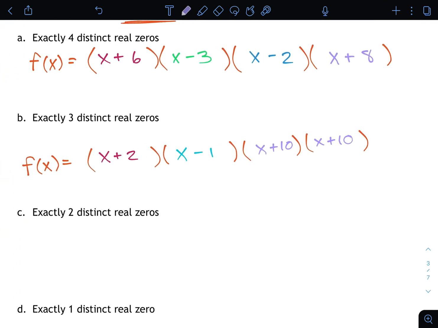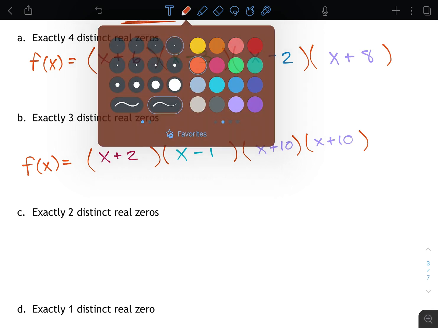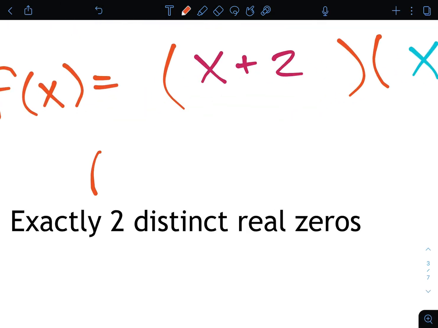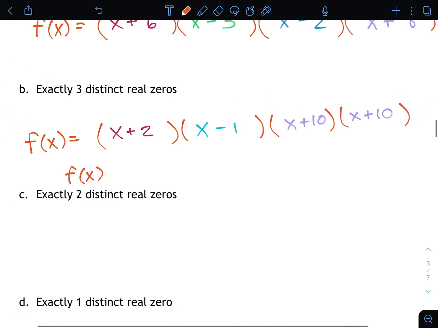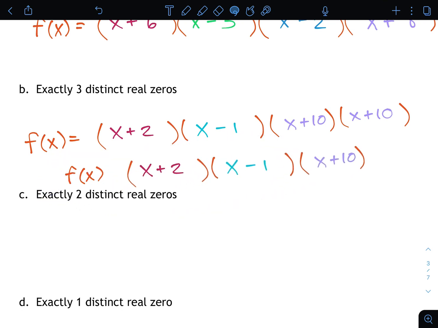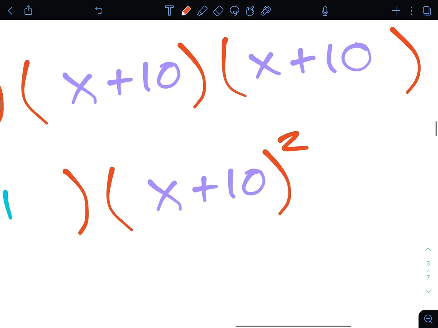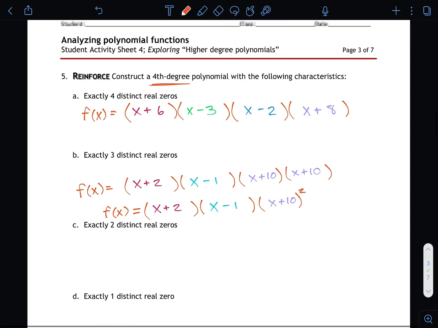If you want to, you could write this condensed down a bit, so you could have written f of x equals all of this, copy, paste, and then you could have just squared one of the groups. That would work.